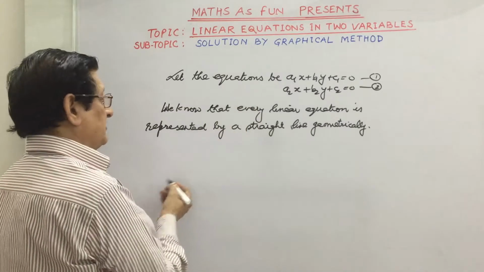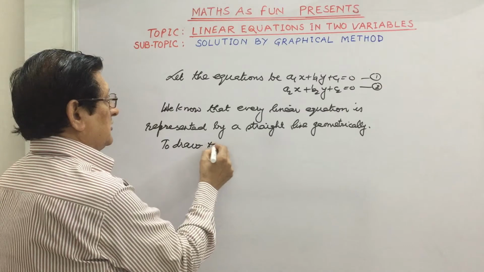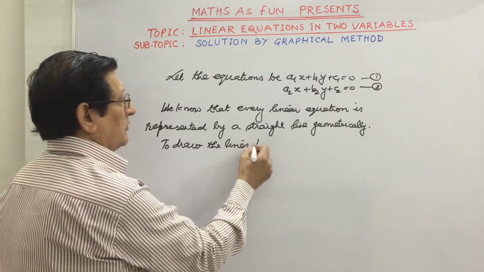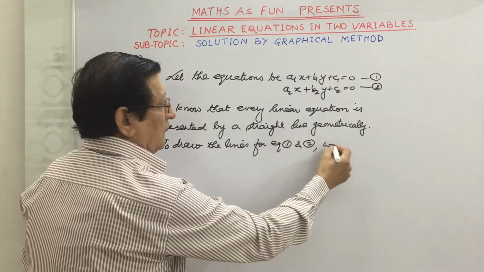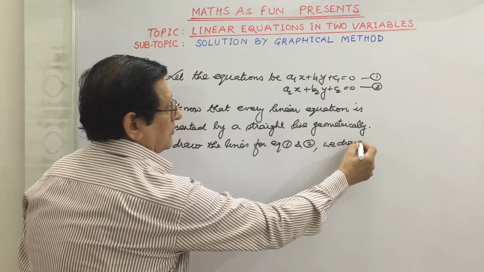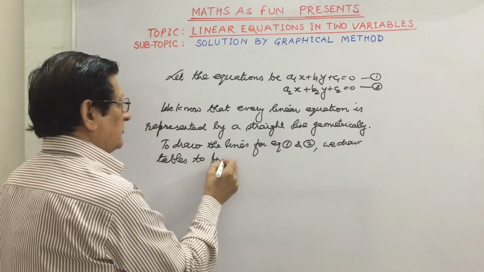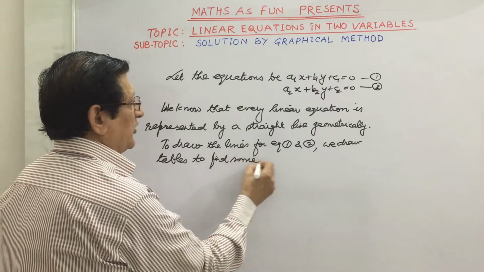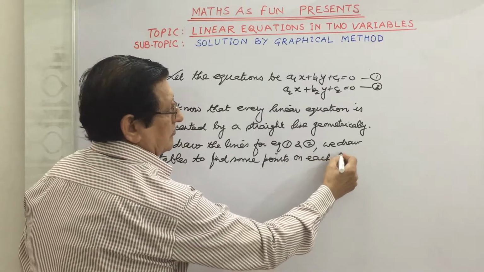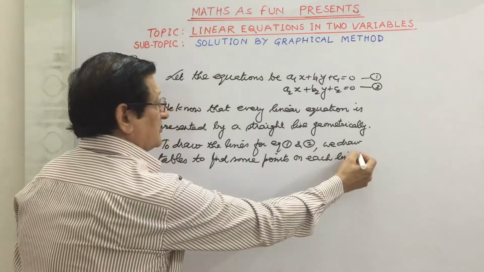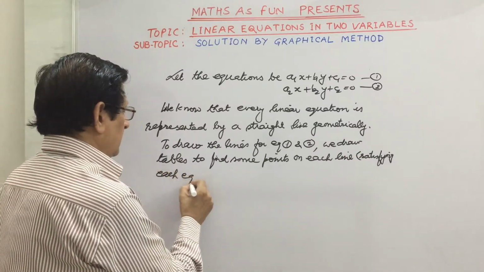If we draw these two equations, to draw the lines for equation number 1 and 2, we draw tables to find some points on each line, or we can say satisfying each equation.